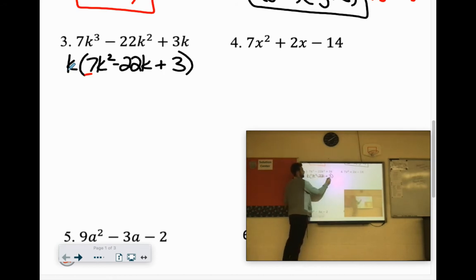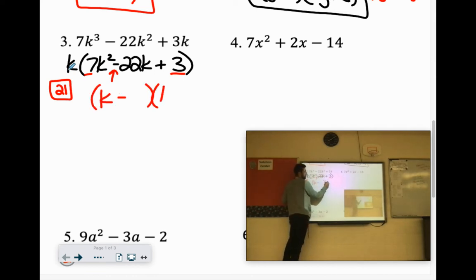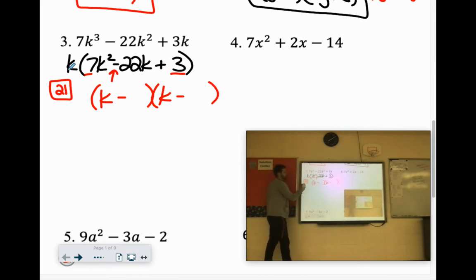Multiply the first and last term. 7 times 3 is positive 21, which means they have to both be the same sign. Now if they add up to negative 22, they'd have to both be minus. So we're going to write like the skeleton for it right now. K minus, k minus. Now factors of 21 would be 1 and 21, or 3 and 7. Which set will add up to the 22? The 1 and 21.